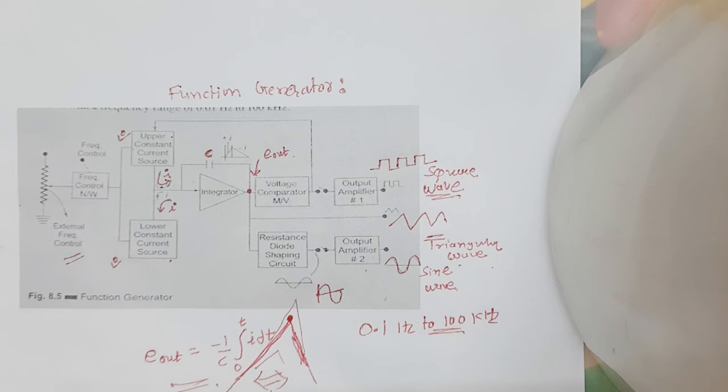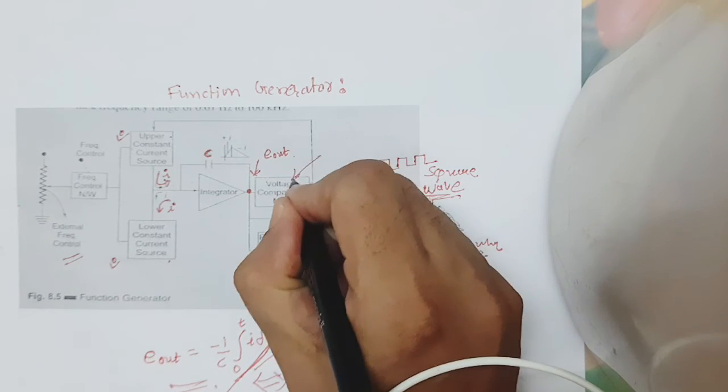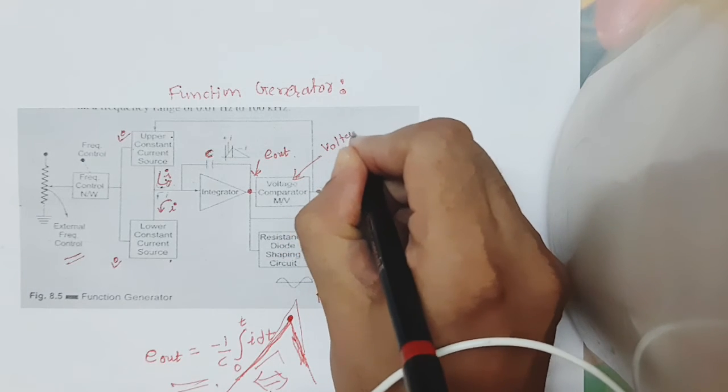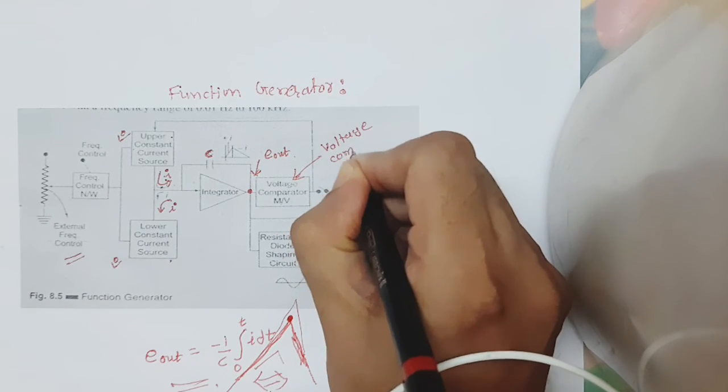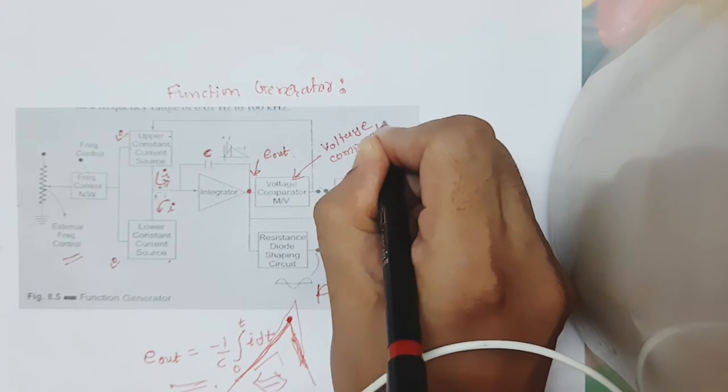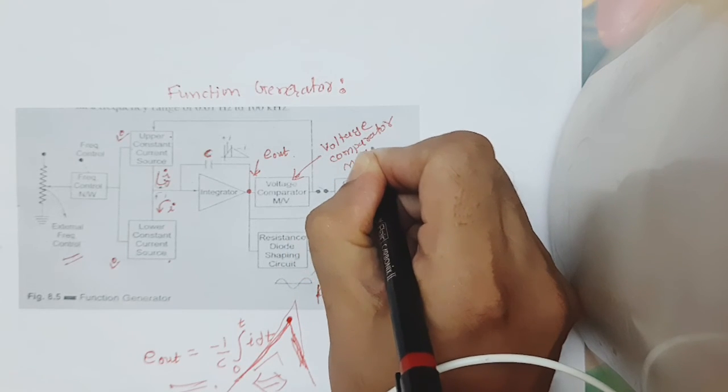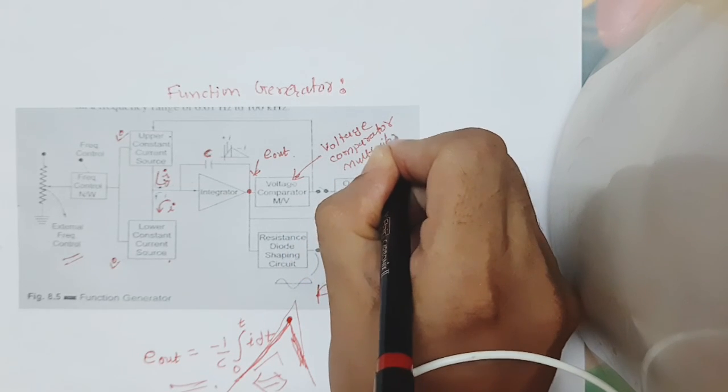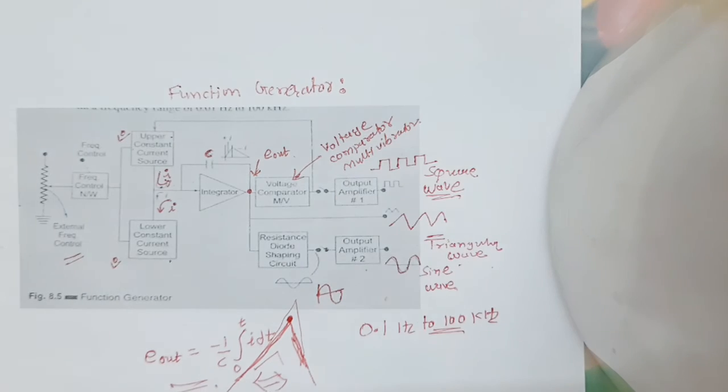The voltage comparator multivibrator. Where is the voltage comparator multivibrator? This is our voltage comparator multivibrator. The voltage comparator multivibrator changes its state at a predetermined maximum level of the integrator output voltage.